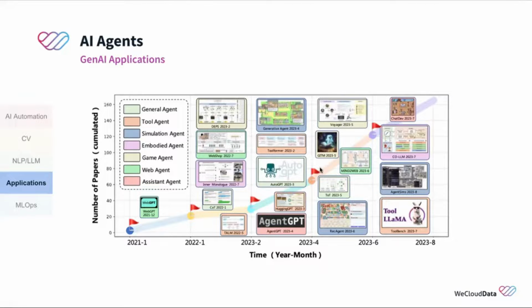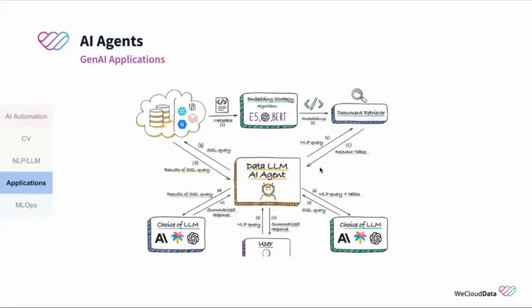Okay. One example is a SQL agent. I think this is taken from a blog post, and the company is Abacus AI. But basically, it's a simple agent application, right? Let's follow the steps here.